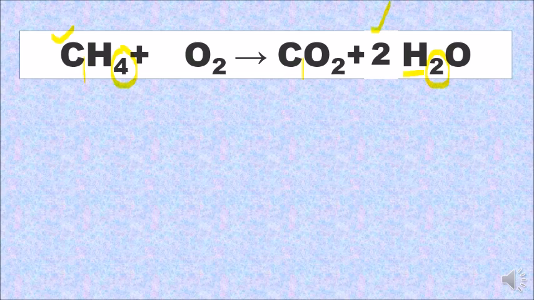And this will equate the number of hydrogen atoms, which is 4. But when you add 2 before H2O, the number of oxygen atoms on the product side also becomes 2 plus 2, 4, isn't it? So, to equate the number of oxygen atoms, we need to put a coefficient 2 before the O2 on the reactant side also.